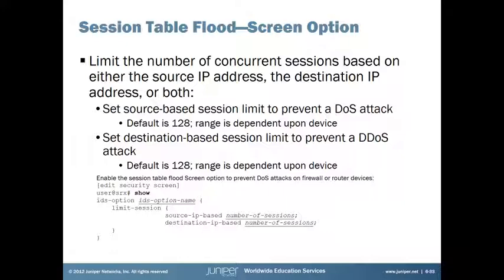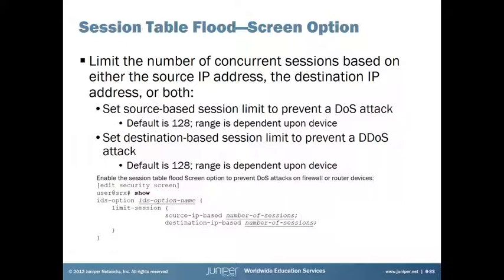The default is 128, so it will depend on the device. On the smaller branch devices, the smaller scale devices, you want to drop that because they just don't have the session capacity before the session table is filled up.